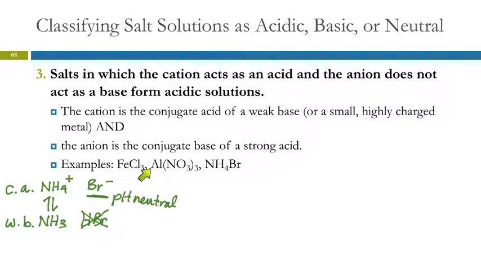These two are going to be more problematic because, like, what the heck? Let's look at FeCl3. So the ions present there are Fe3 plus and Cl minus. And Cl minus would come from HCl, which is a strong acid, so that's not going to do anything. And Fe3 plus, like the iron hydroxide isn't soluble. That's one of the two small, highly charged cations that you have to remember.